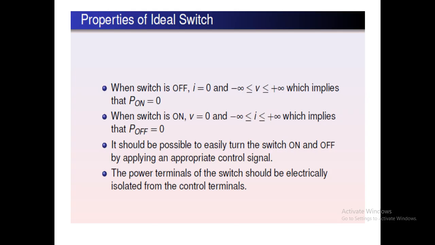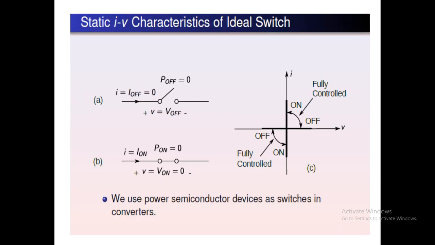So it is possible to easily turn on and turn off the switch by applying an appropriate control signal. The power terminals of the switch should be electrically isolated from the control terminals. This is the basic of turning on and turning off the switch. During the turn off condition, the full voltage is applied across the switch and the current is 0, and during the turn on condition, the current is at the full rated value and the voltage is 0.